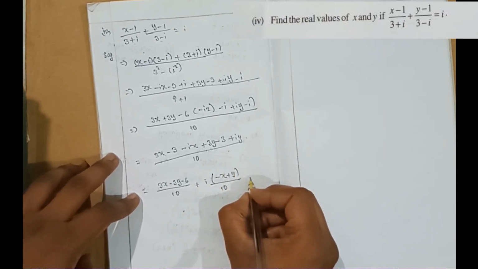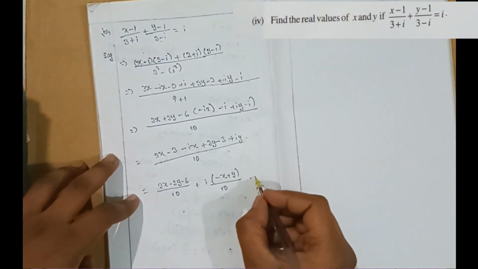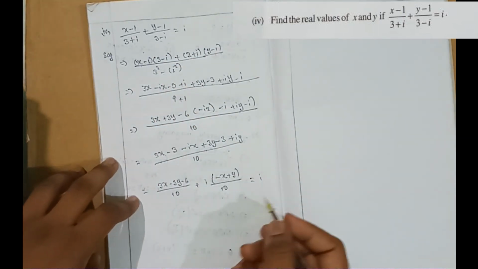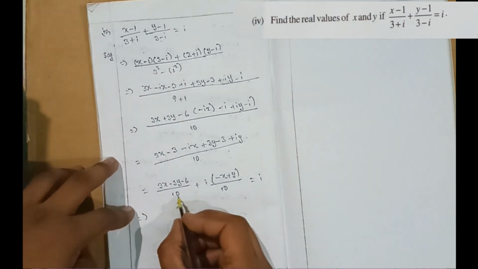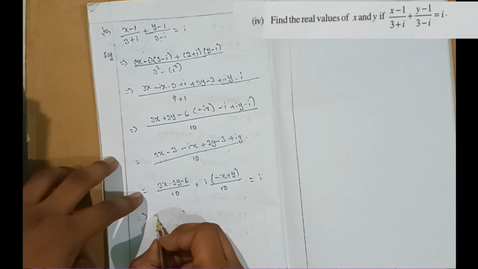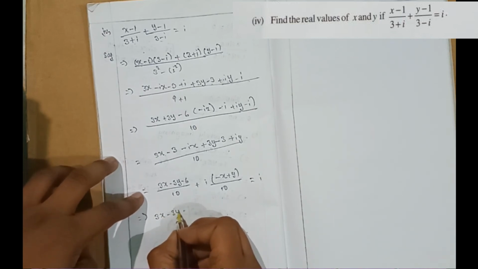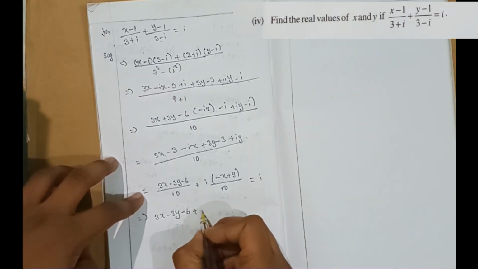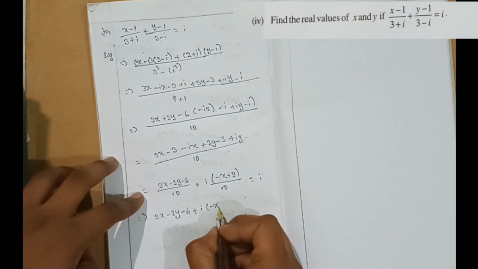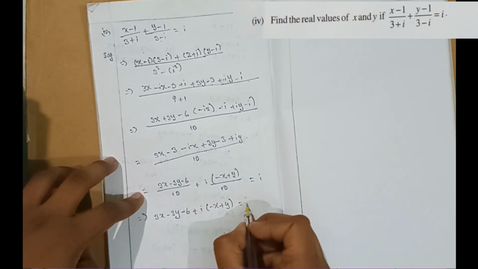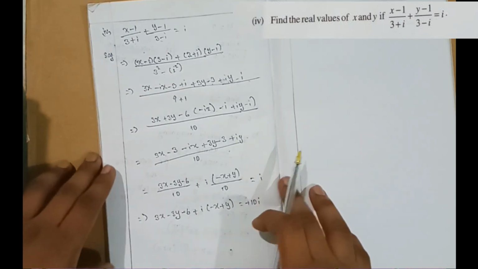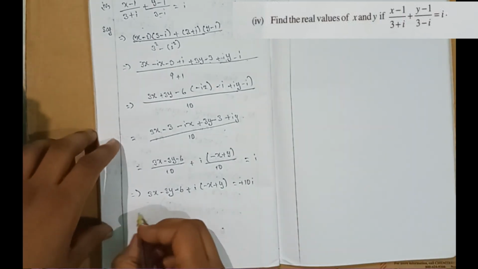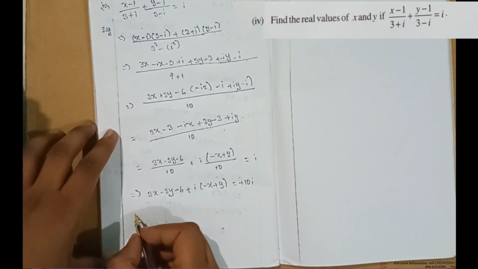They have given this equation equal to I. So 10 will go this side, then it becomes plus I of minus x plus y equal to 10I, because the symbols don't change when you multiply the denominator.